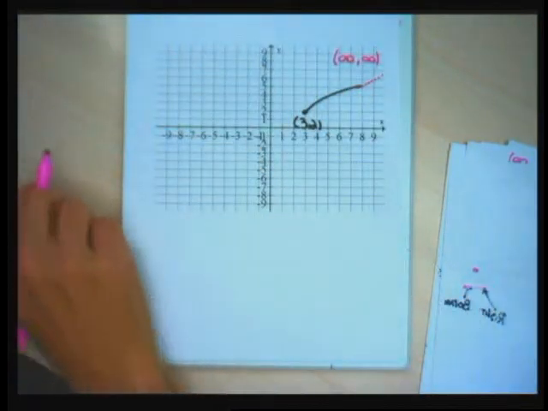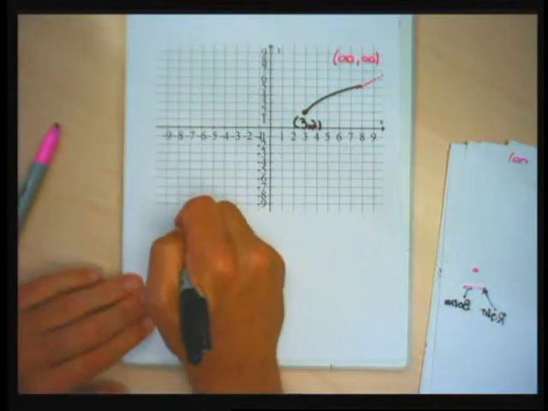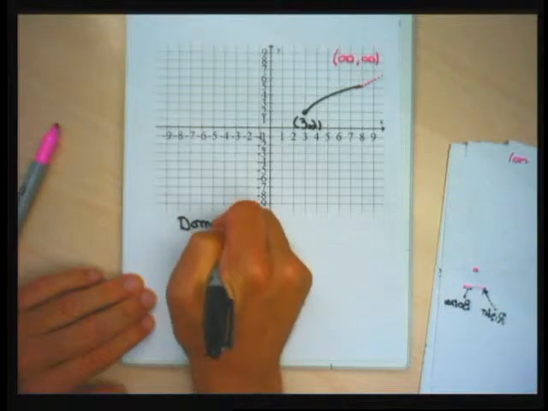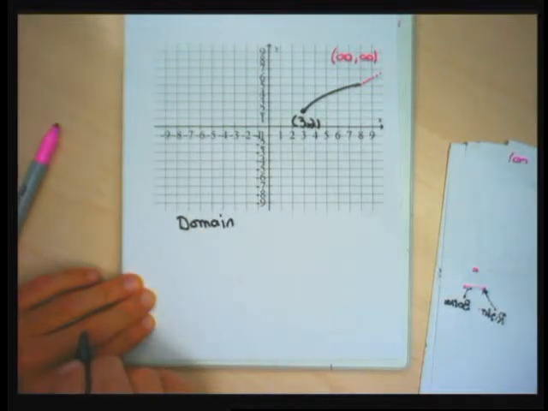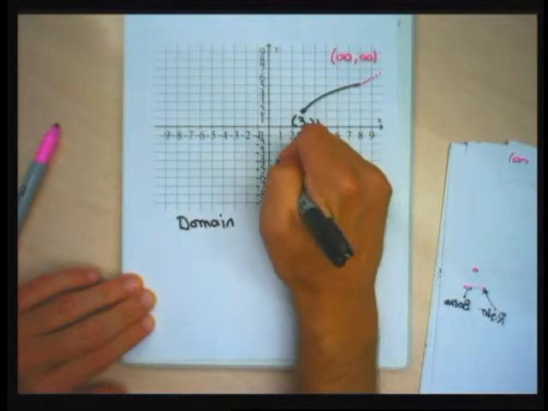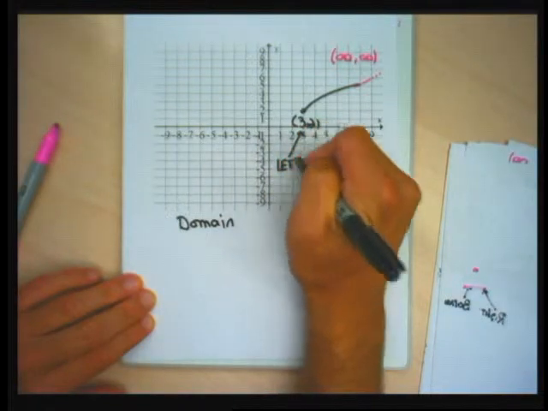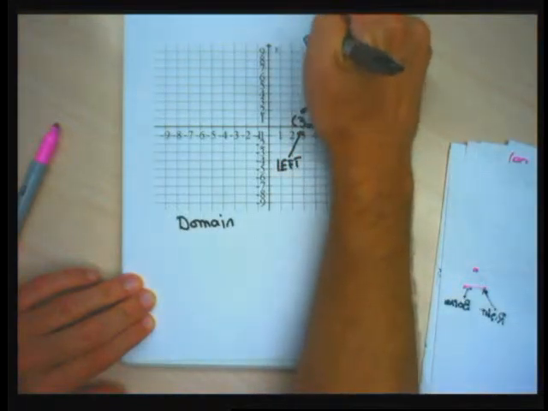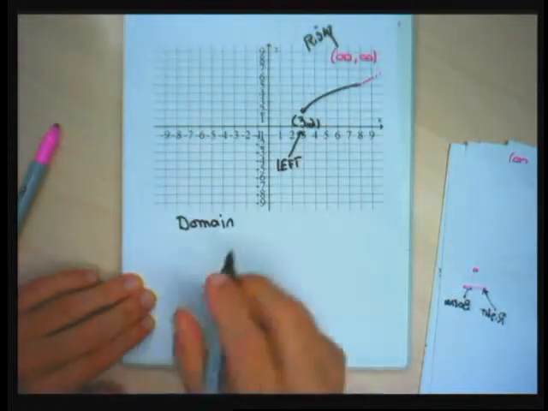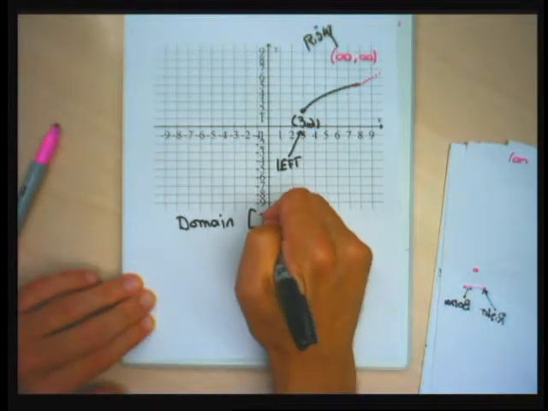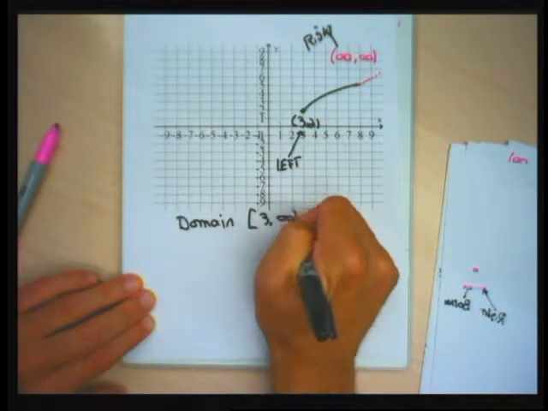So for this problem, if I try to write its domain and range, first I'm going to do the domain. I need the most left point and the most right point and its x's. So the domain here is going to be positive 3 to infinity.